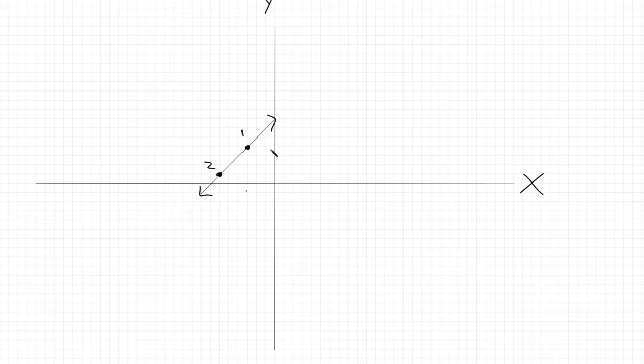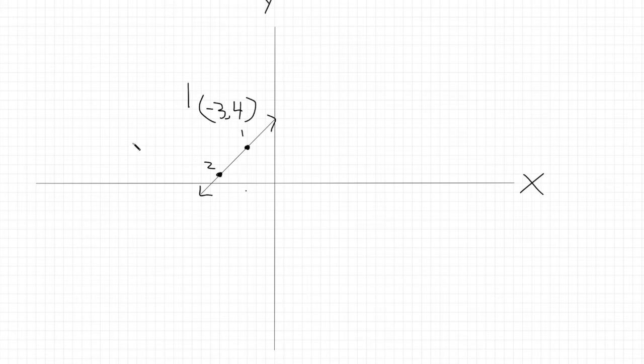So let's first find out the x. The x is 1, 2, 3. -3. The y is 1, 2, 3, 4. The coordinates of point 1 are -3, 4.